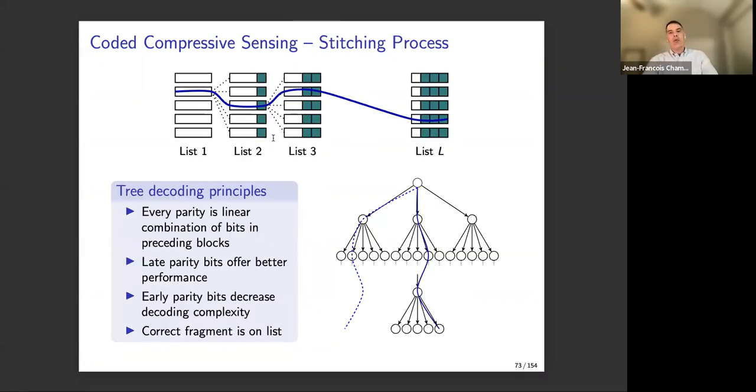The outer code works in the following fashion. So what I do is I'm going to pick out of the first list a root node. So in this case, I picked the second fragment as my root node. And then I'm going to go down the tree. I'm going to go to list 2 and look at all the fragments and retain only the fragments that are parity consistent with the root node. So here in this cartoon figure, I've used these green bits to represent some sort of parity, and that parity acts only on the section that's before it.